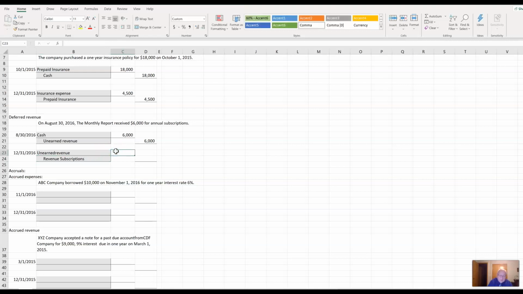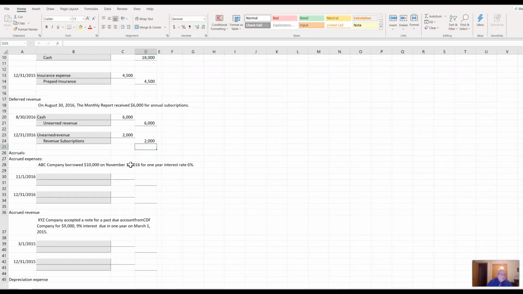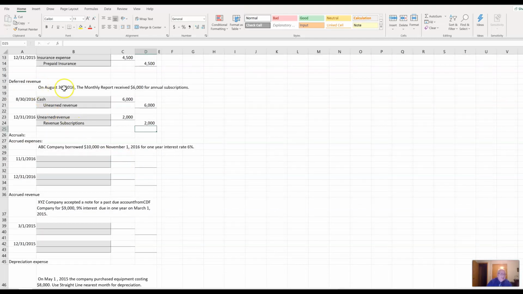Okay, that would give me the book. But then for the calculation, we would take the $6,000 times 4 divided by 12, or $2,000. So that's what we've earned, $2,000. Okay, that's the deferred revenues.